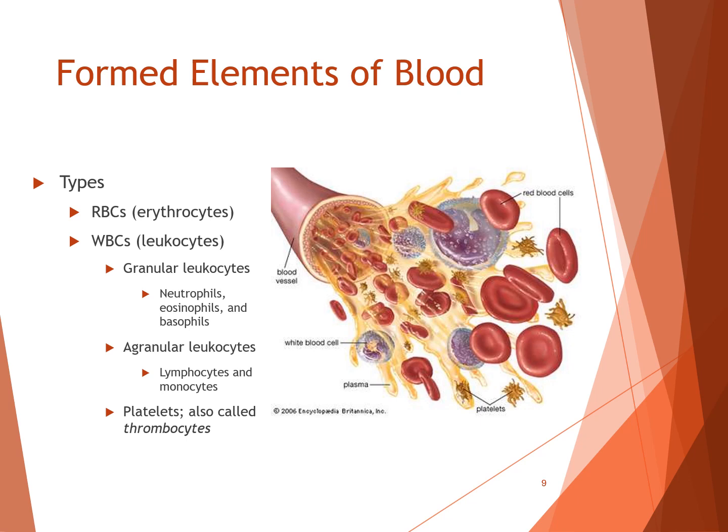When we look at these different types of white blood cells under a microscope after they have been stained, there are some that appear to have little granules. Those are the granular leukocytes: neutrophils, eosinophils, and basophils. And then the agranular ones, the ones that do not have those stained granules in their cytoplasm, are the lymphocytes and the monocytes.